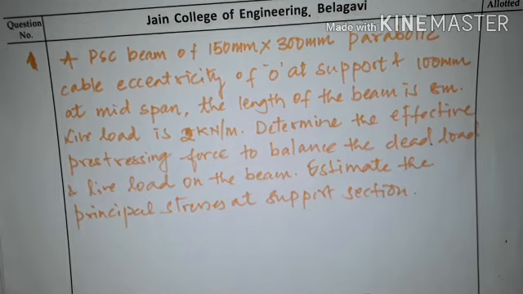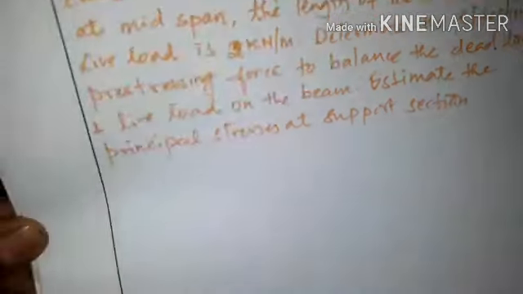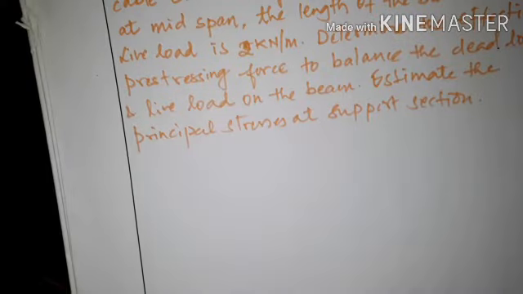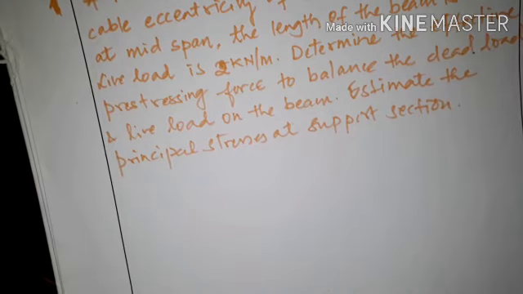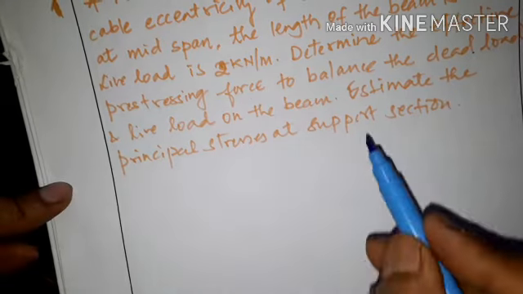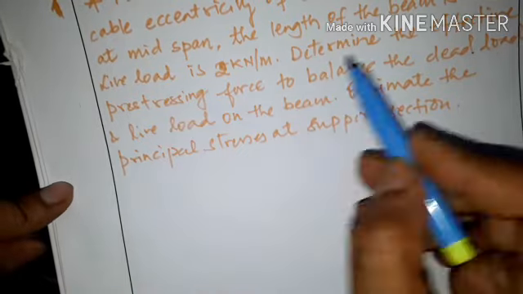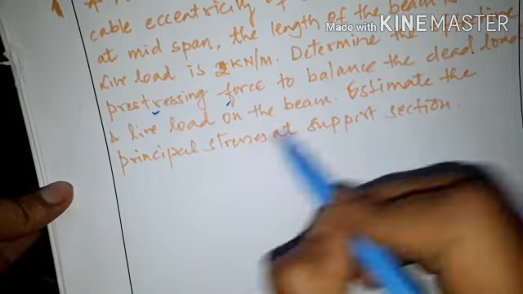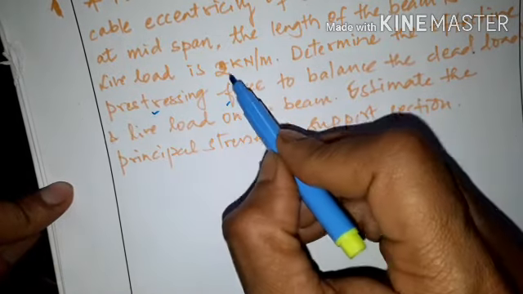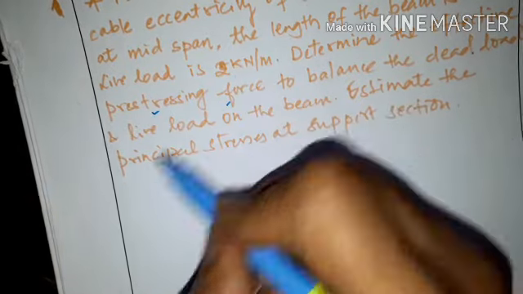Again it is a similar cross section and cable profile. So we will start with the solution, no need to draw the sketch once again. Here we have to determine the effective pre-stressing force, that is, the pre-stressing force to balance dead load and live load. Live load is given here as 2 kN per meter, so we have to find out the dead load.